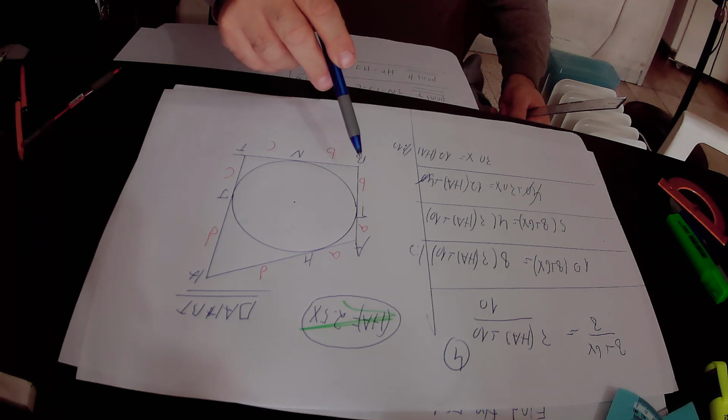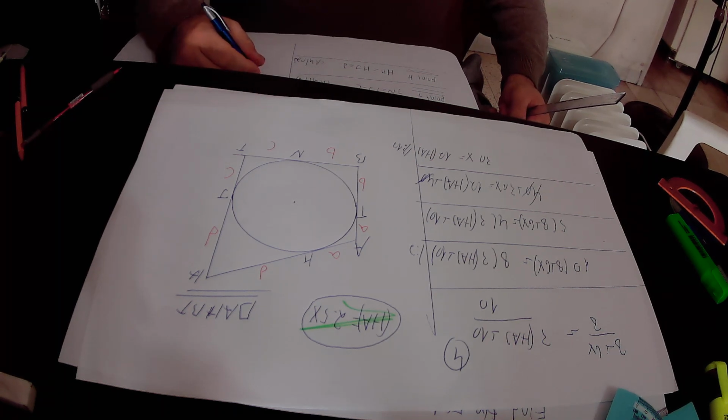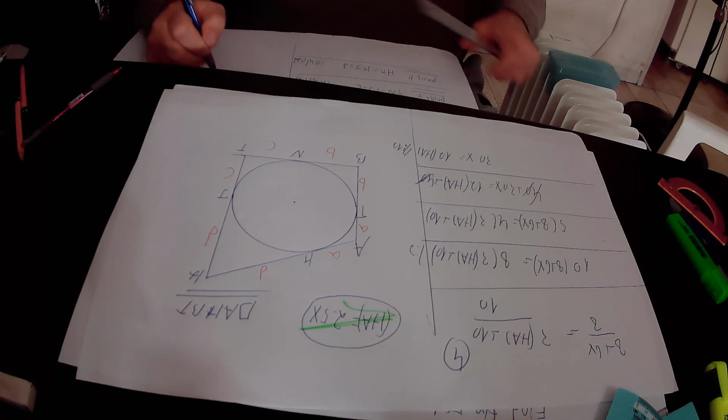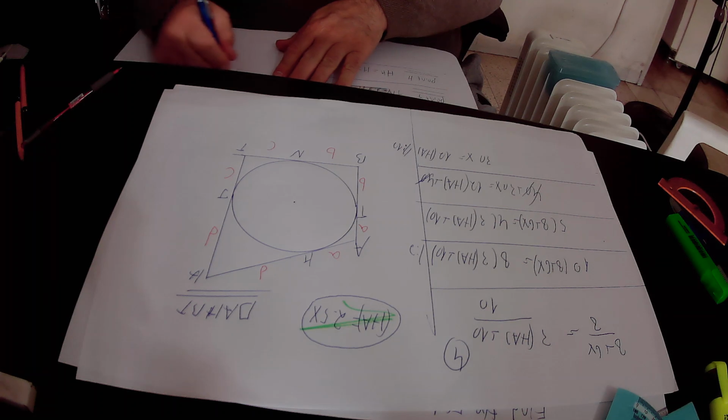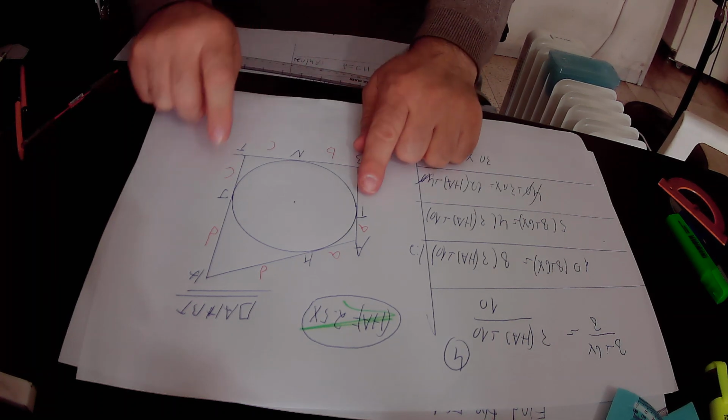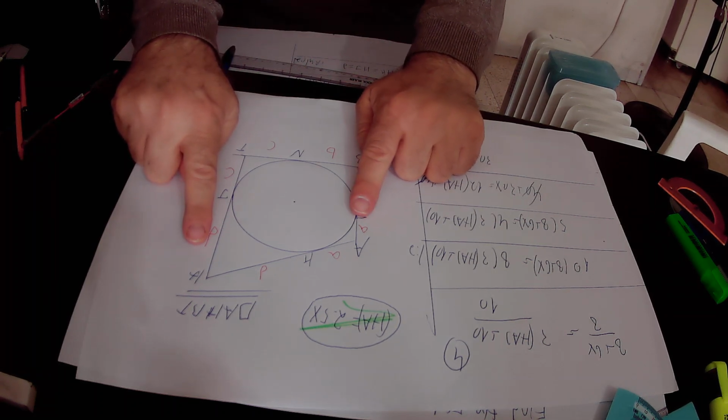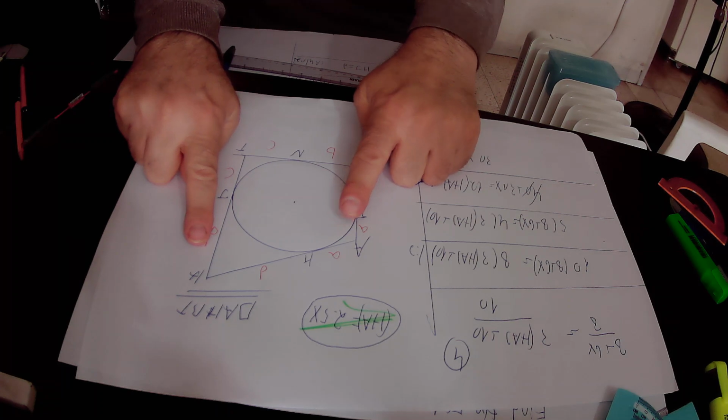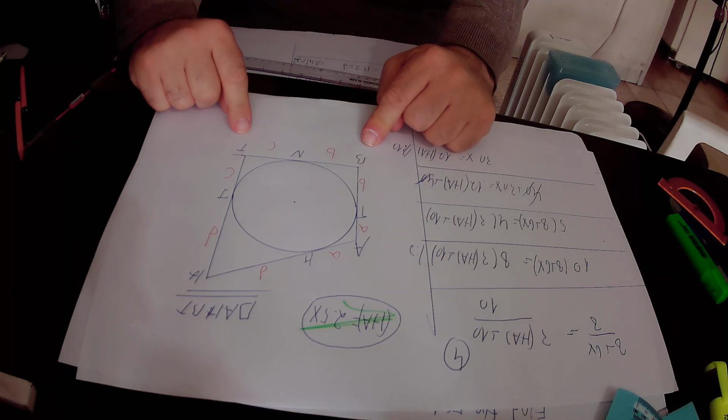We will add side AH to side BT. AH plus BT. What is the length of side AH in total? It is A plus D. What is the length of side BT?